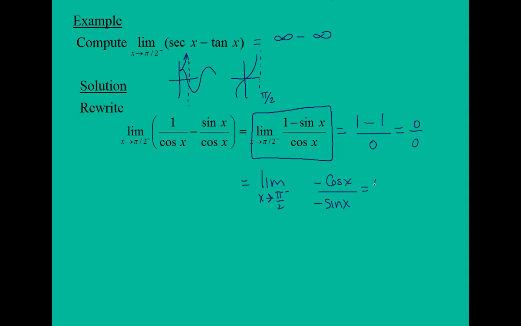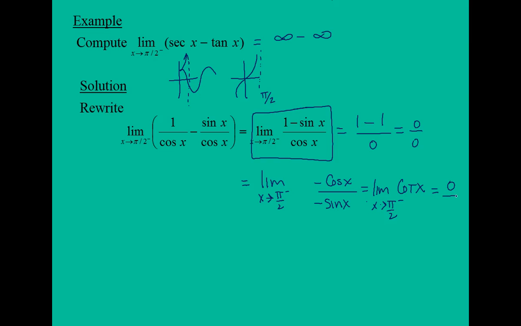And this is equivalent to the limit of the cotangent of x as x approaches pi by 2 from the left. Now, if you wanted to leave it in terms of cosine and sine, you could use direct substitution, because we know that the limit of the cosine of x as x approaches pi by 2, if we use direct substitution, we would get 0.